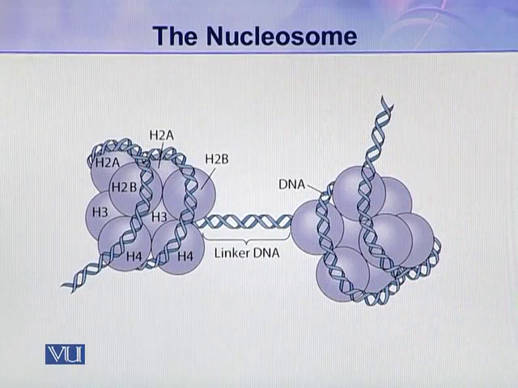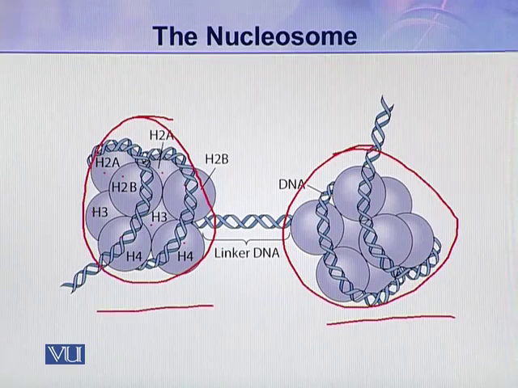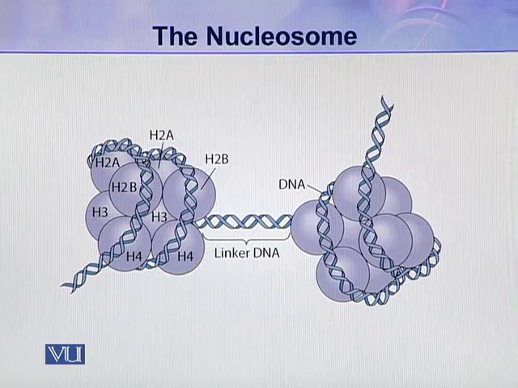Here you can see two nucleosomes. One is this and the other one is this, and each nucleosome consists of 8 histone molecules, and the two nucleosomes are connected through this linker DNA. So this is the structure of uncondensed chromatin.